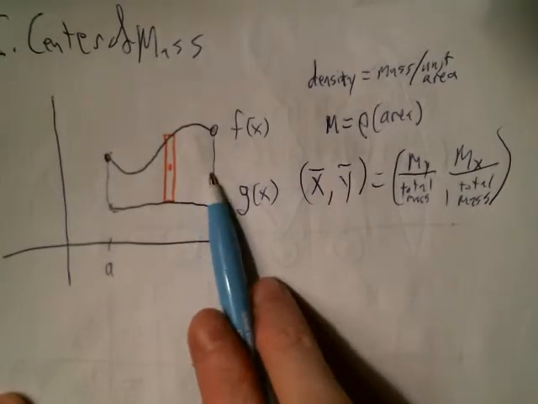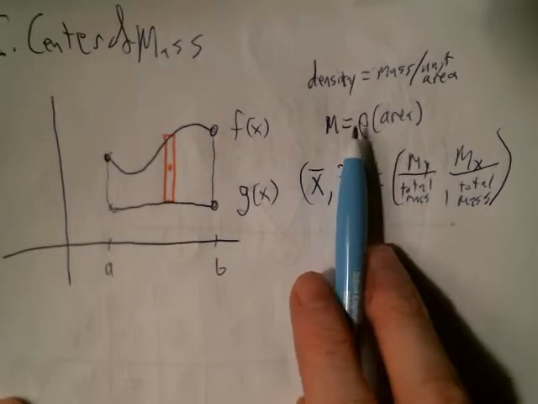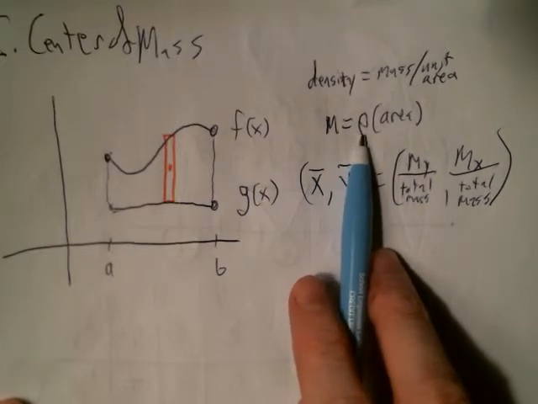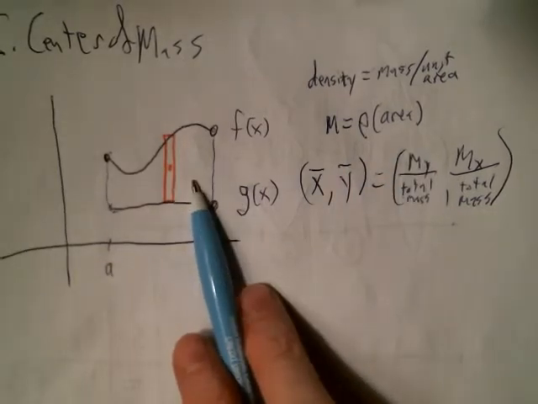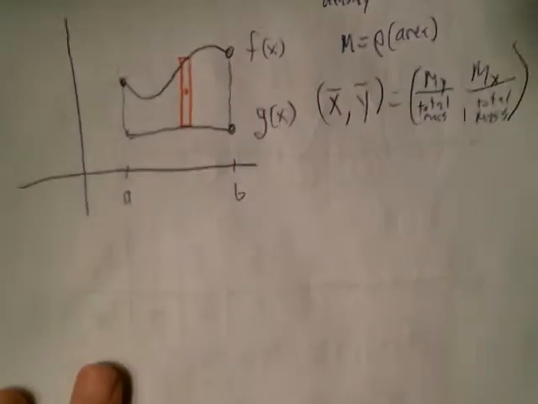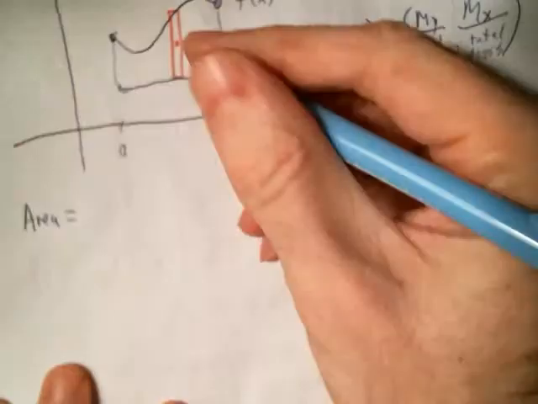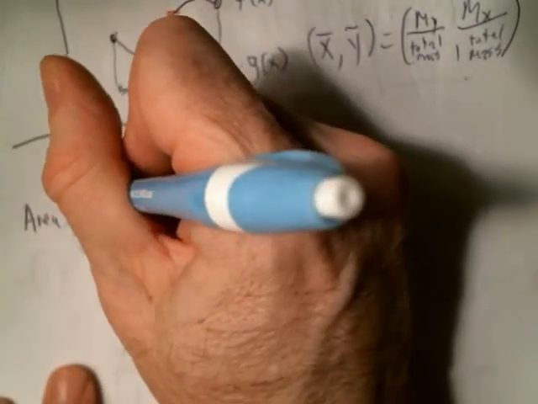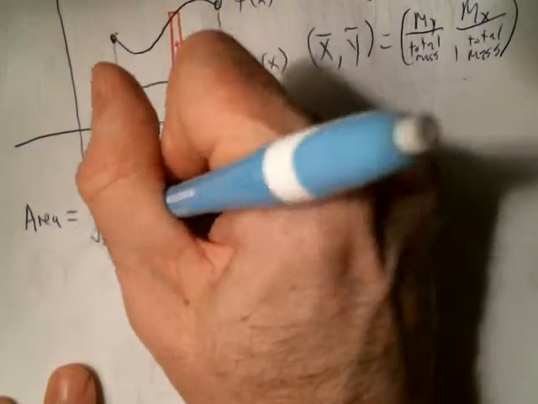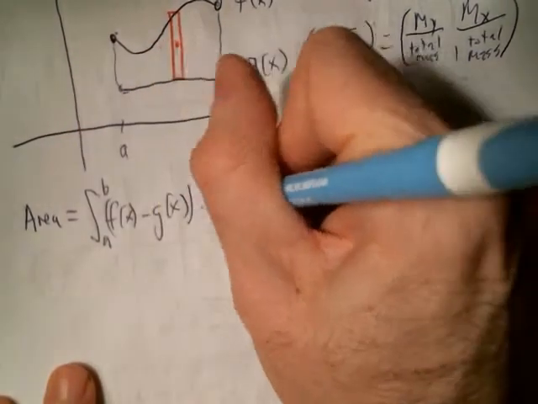So to figure out the mass of this region, I need to take the density element and multiply it by the area of this region. To find the area of the region, we just do an integral. Okay, so the area of this region is going to be the integral from a to b of f of x minus g of x dx.